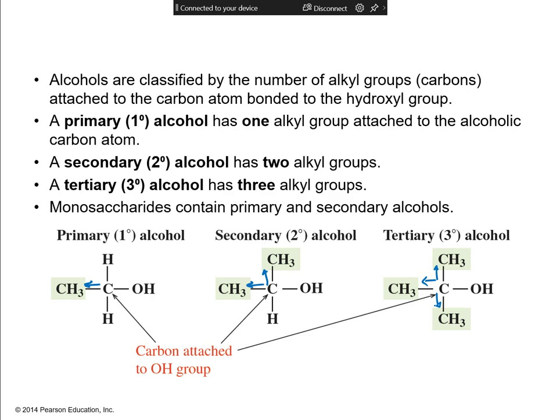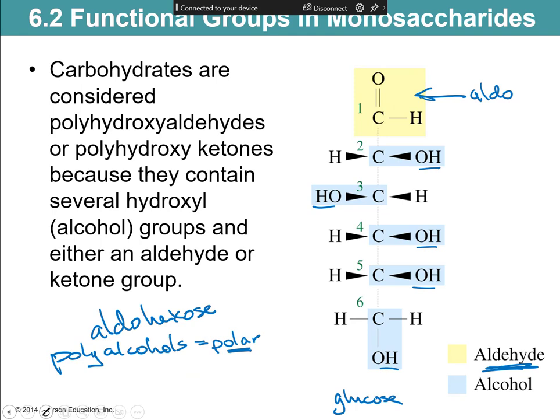Sugars actually have primary alcohols and secondary alcohols in the chain. If we go back and look, what is carbon number 2? The alcohol here, would that be a primary, secondary, or tertiary alcohol? Secondary, right? You see the carbon here and a carbon here. It has two carbons attached, so this would be a secondary alcohol.